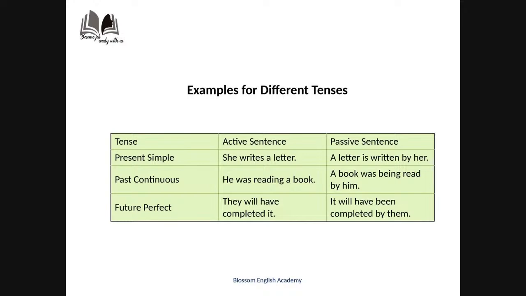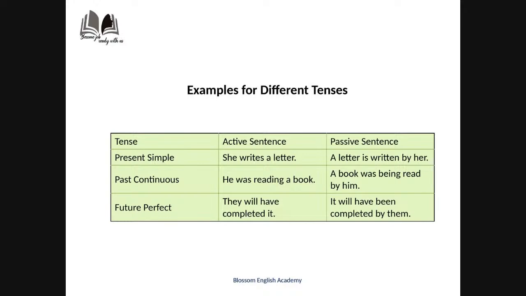So when we are converting it into passive, it will become is, right? Simple present. So we are writing is because we are talking about the object, a letter. A letter is a singular noun. Okay, we are talking about one letter. So one letter, hence we are using is.